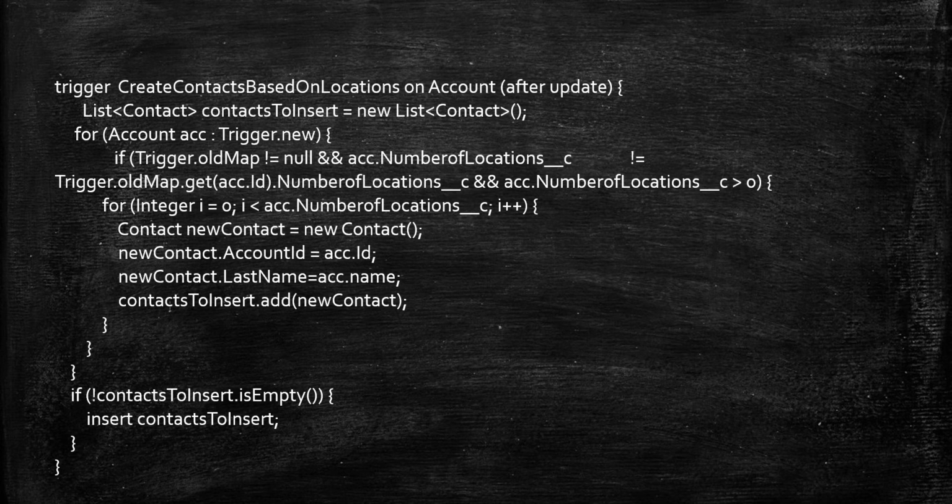I will use a list of contacts to insert, and create a for loop over Trigger.new. I write a condition that if Trigger.oldMap is not equal to null and the number of locations is not equal to Trigger.oldMap.get(acc.Id).Number_of_Locations, and if the number of locations is greater than 0, then we create a for loop for integer i equal to 0 and i less than acc.Number_of_Locations. Suppose I put the number of locations as 3, then it will iterate three times, and before the loop ends it creates the 3 records in the contact object.